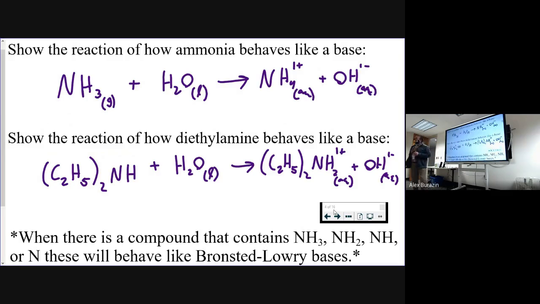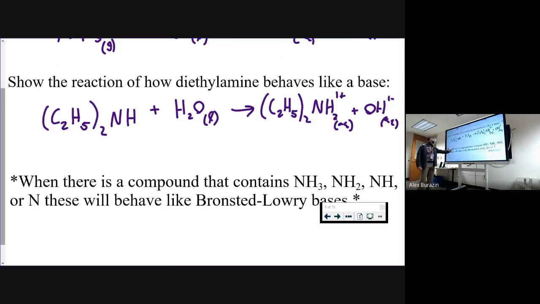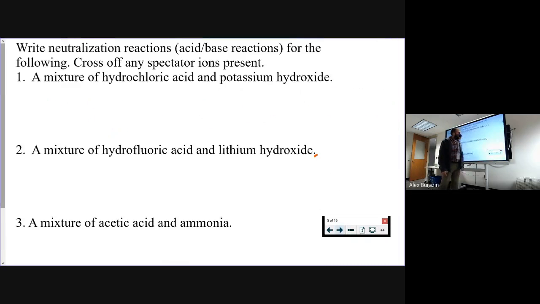They're called nitrogenous bases. Be on the lookout for them. We'll obviously do some practice and help you find them later, but I just want to make you aware. I've given you that sentence down there, and hopefully we can start trying to pick those out because those are going to be tougher to pick up.